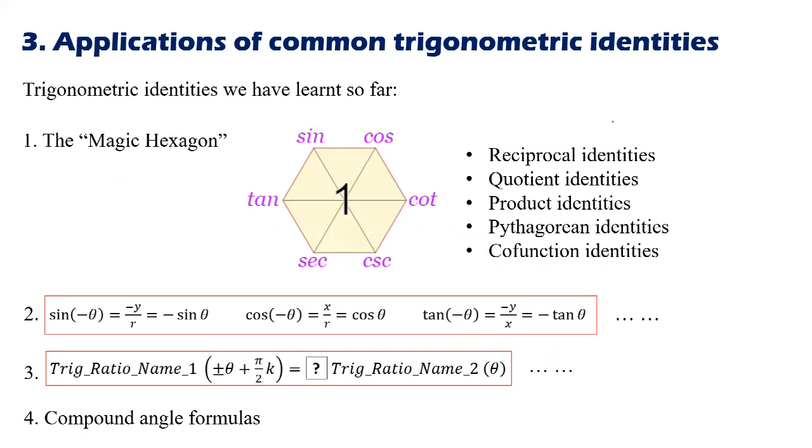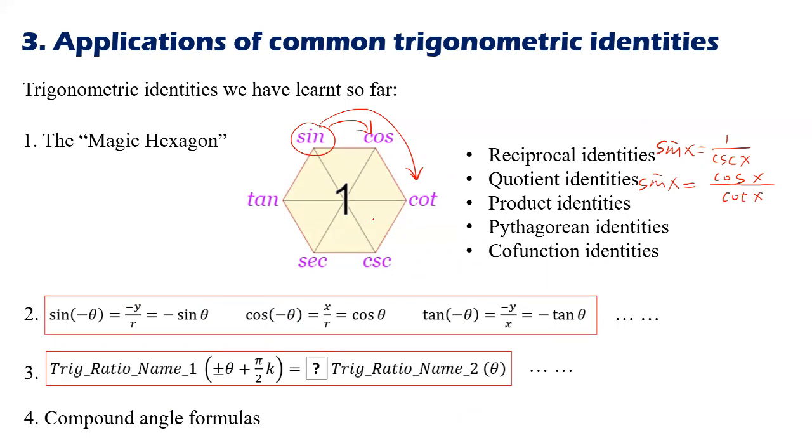identities. For example, sine x is the reciprocal of cosecant x. This is the reciprocal identity, right? Quotient identity, you can start from any of the functions here. For example, sine x is the quotient between cosine x and cotangent x, right?